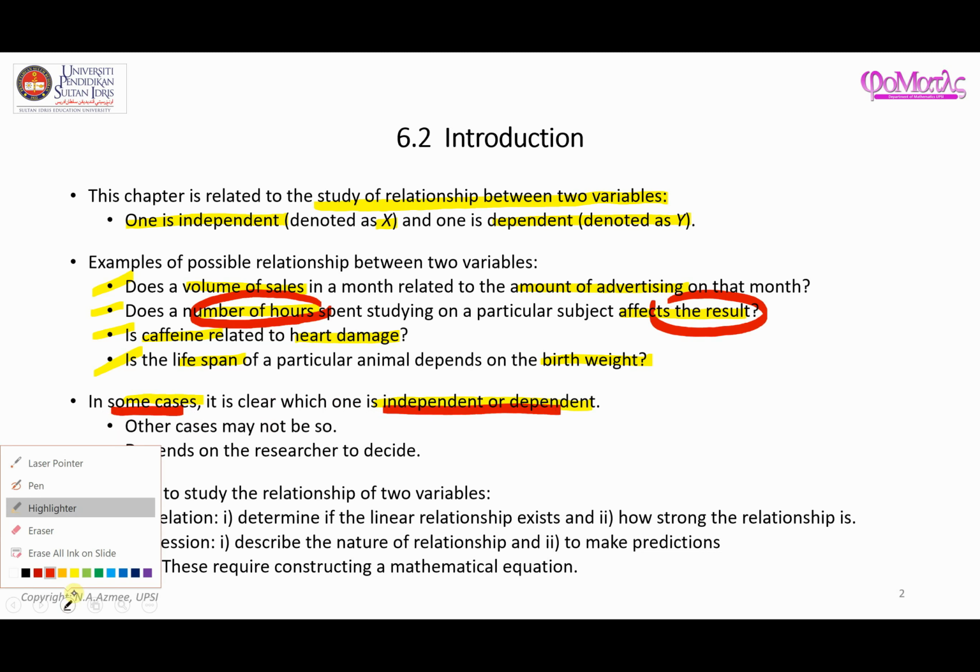Here are the methods to study the relationship of two variables, and we are going to cover two of them. The first one is correlation. In correlation, you are just interested in seeing whether a linear relationship exists and how strong the relationship is.